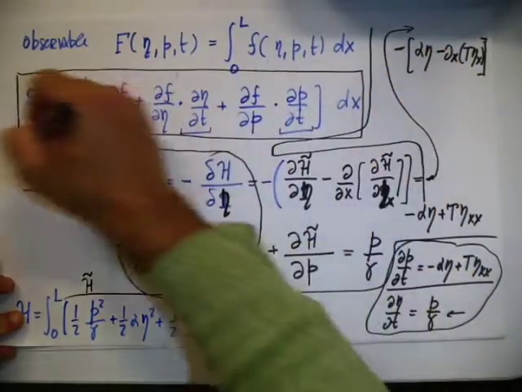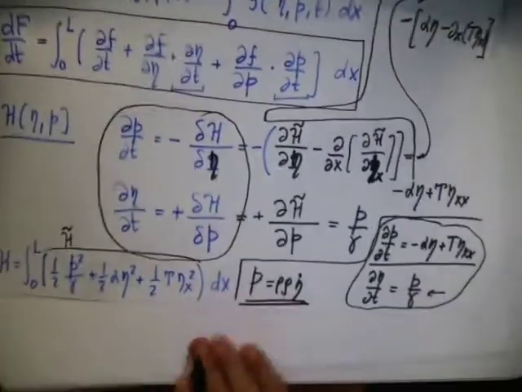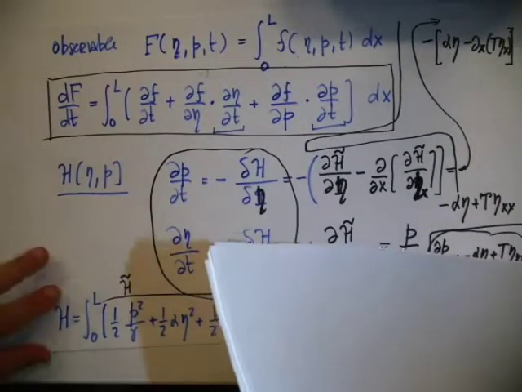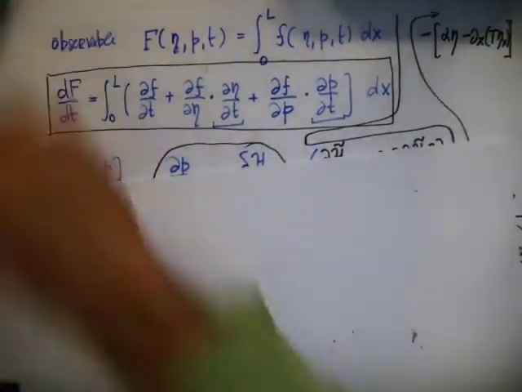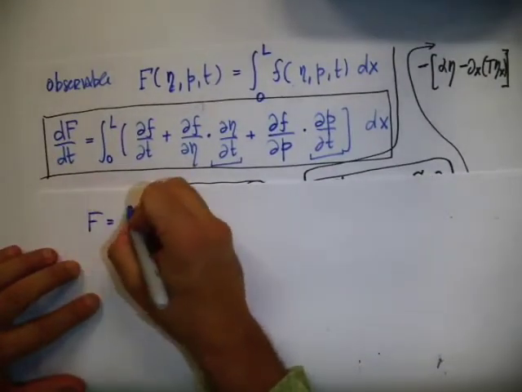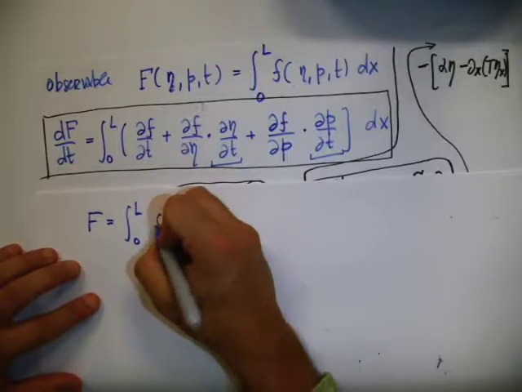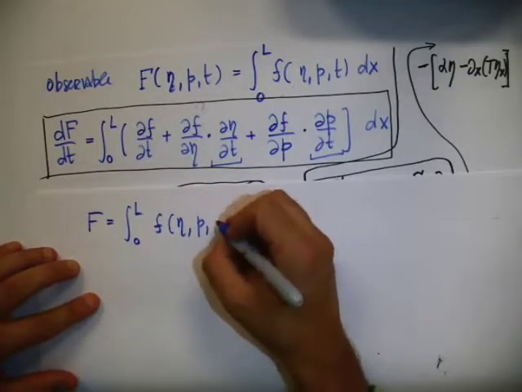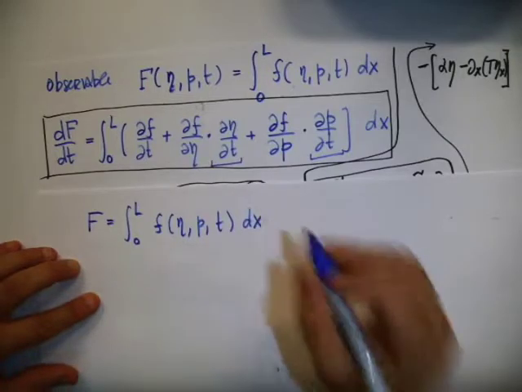Let's consider the time evolution of a generic observable, and again, we add this F given by the integral between 0 and L of f, which is a function of eta, p, and in general time. So let's do it again.